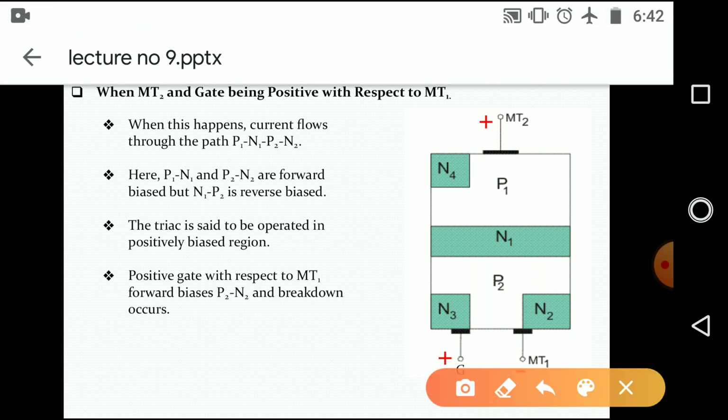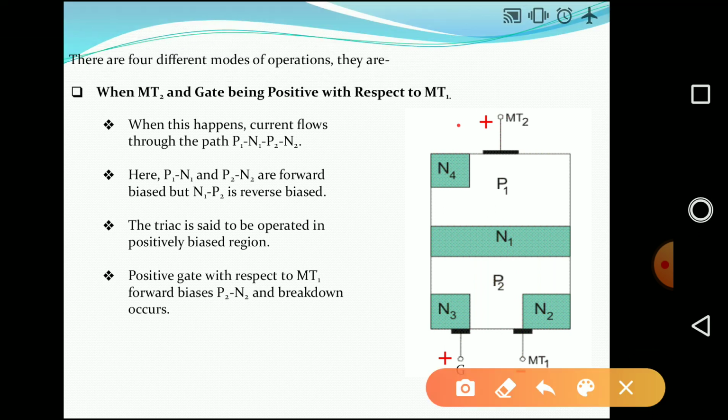So when MT2 is made positive and the gate is also made positive with respect to MT1, it means MT1 is made negative here. During this condition also the TRIAC will conduct, because the two SCRs are connected in anti-parallel. Therefore any type of supply across the 3 terminals makes the TRIAC conduct. So here MT2 is positive, the gate is also positive, and MT1 is negative.